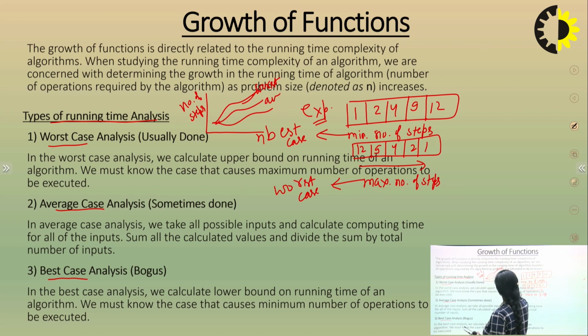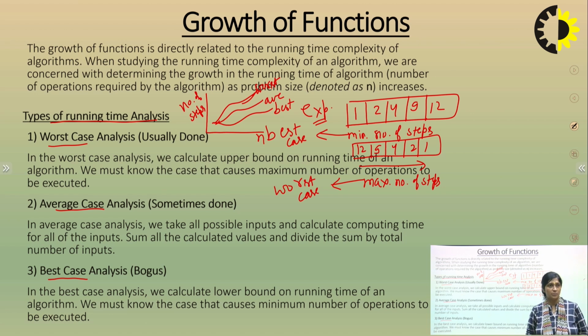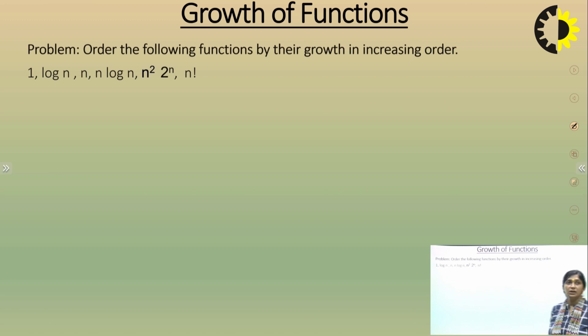This is the average case, because average number of steps we are taking, and this one is the best case, because we are taking the minimum number of steps to run that program or algorithm. This is the graph. Now we will see.